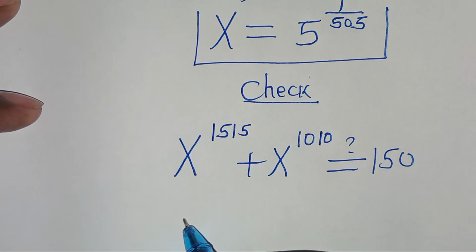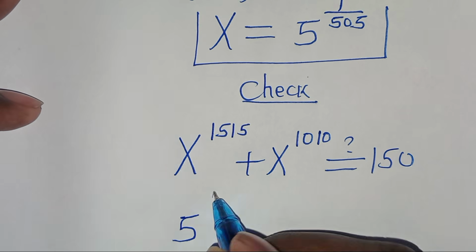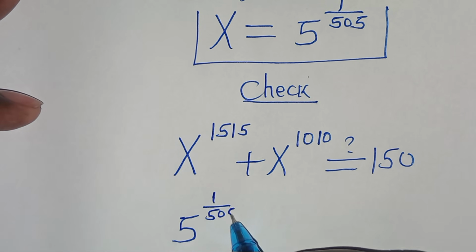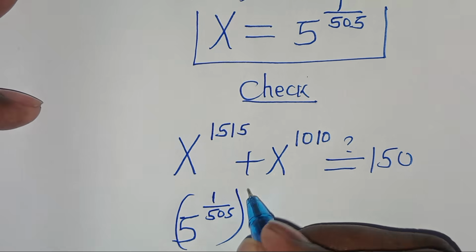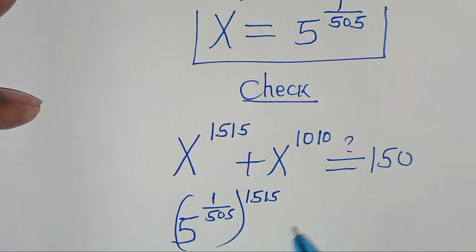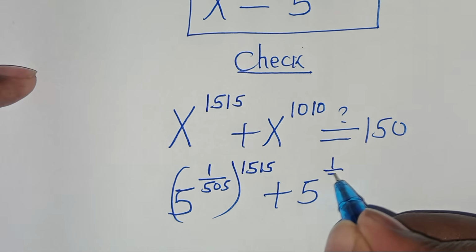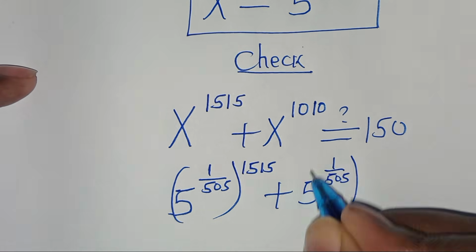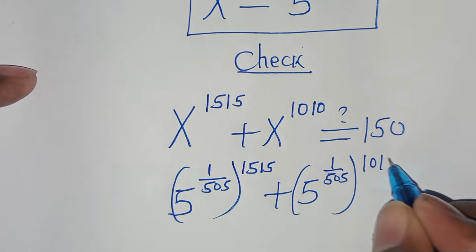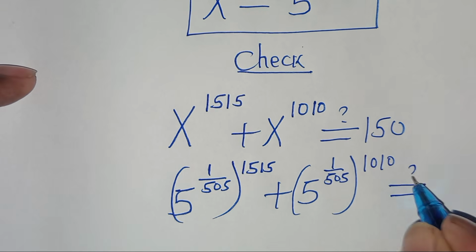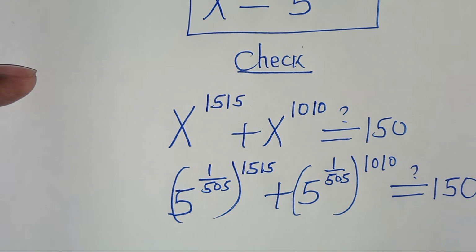So this is 5 to the power of 1 over 505 raised to the power of 15 plus 5 raised to the power of 1 over 505 raised to the power of 10. This should give us a value of 150.